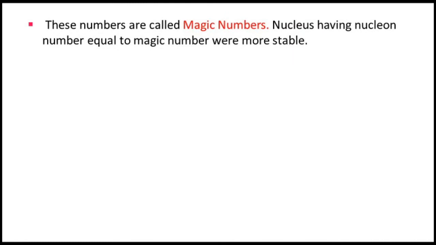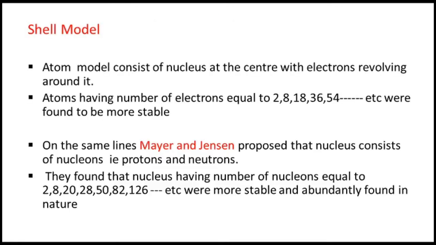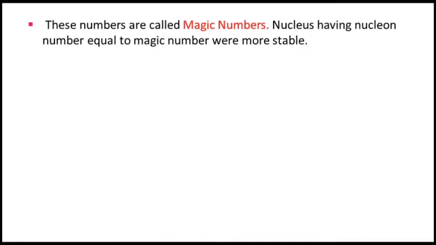Now these numbers which are mentioned, 2, 8, 20, 28, 50, 82, 126, were called magic numbers. And those nucleus having nucleon number equal to a magic number were found to be more stable.